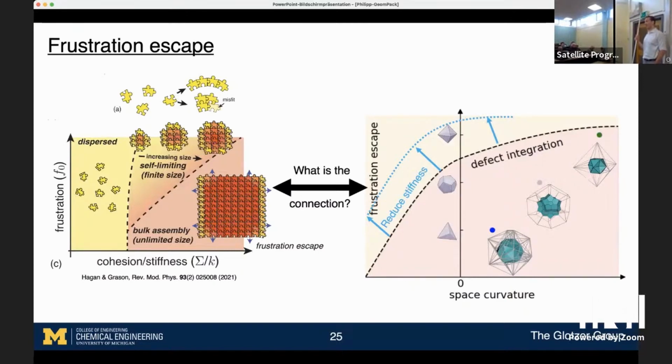It's a good idea. It would be interesting to see if you can favor one of them by introducing curvature, either positive or negative. I think that could push you very close to the frustration escape. That is true, if you go slightly onto the unfavored side. Yes.